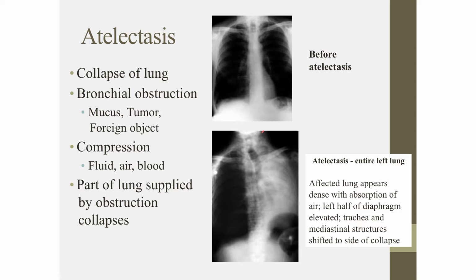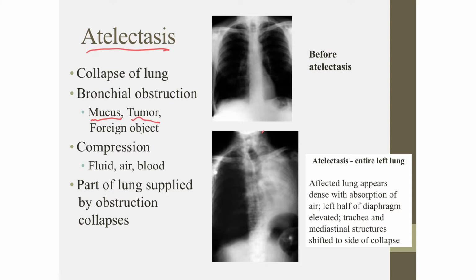So what's a little bit different than this is atelectasis. Atelectasis is when there is a collapse of the lung, but it is distal to some sort of obstruction. This can be due to a bronchial obstruction like mucus that lands itself in a bronchiole.